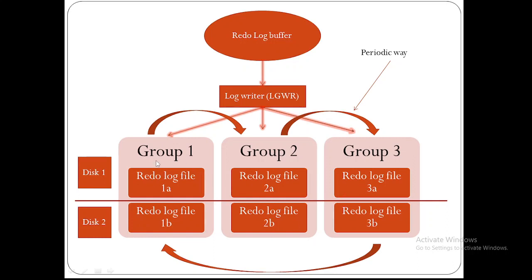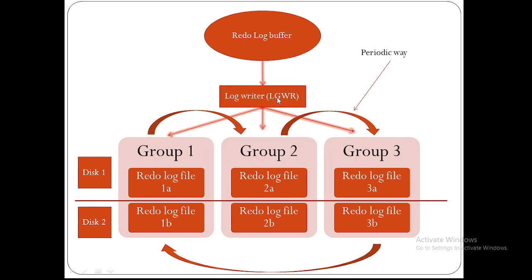When the redo log files for group 1 are full, the log writer then moves to group 2 and writes the transactions from the redo log buffer to the redo log files of this group.